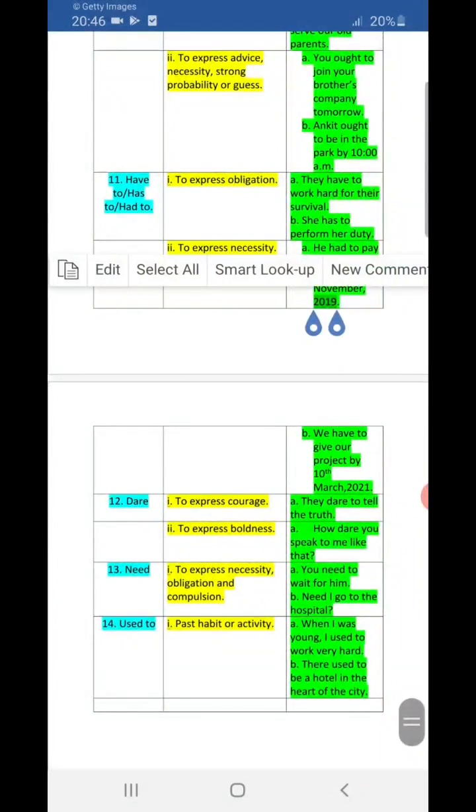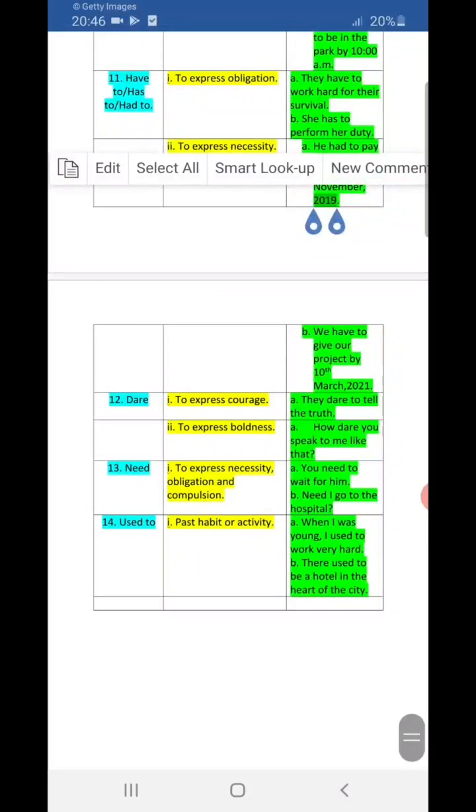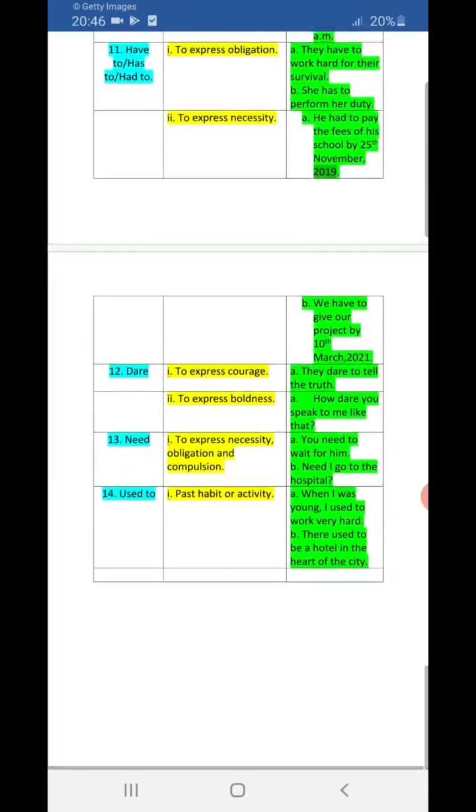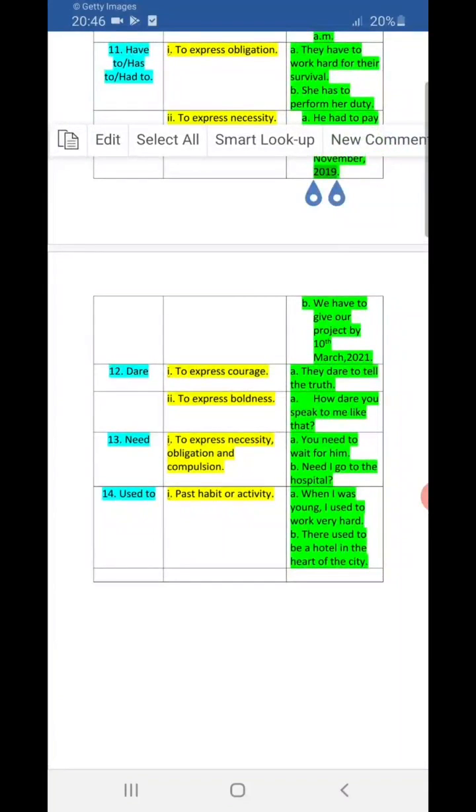Next, we have to give our project by 10th of March 2021.